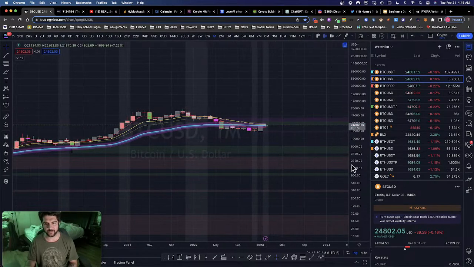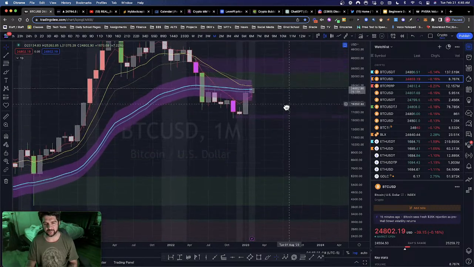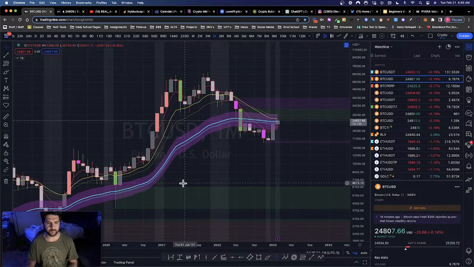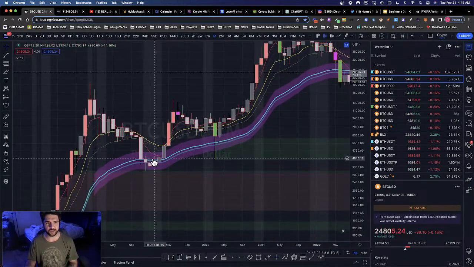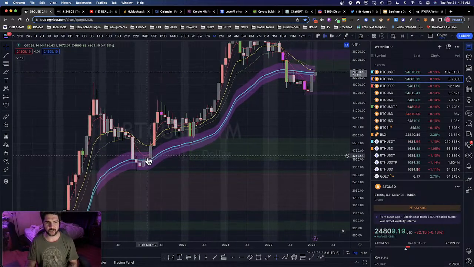On your monthly time frame, you're hitting your 50 EMA. All right. And that's never happened before. You might say it's happened before, right? But like you crossed here, you hit it here, you came back up though. You look at how many months you spent.